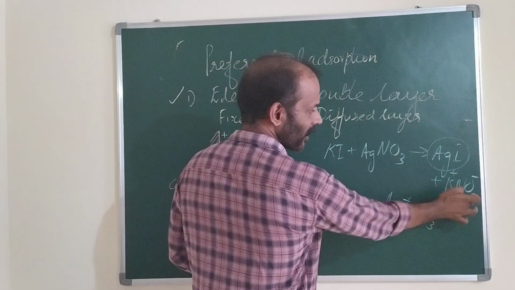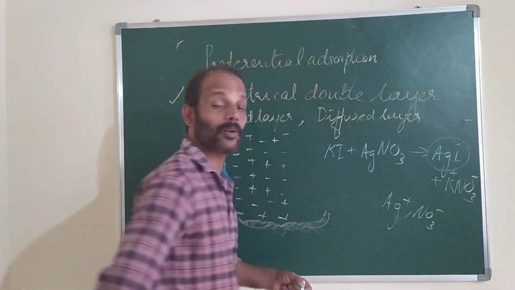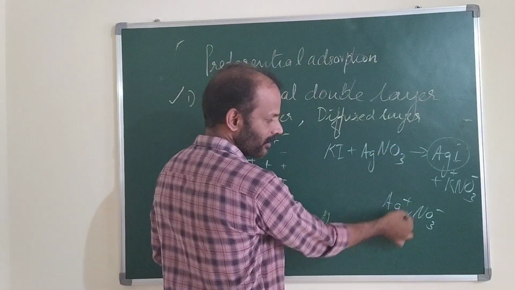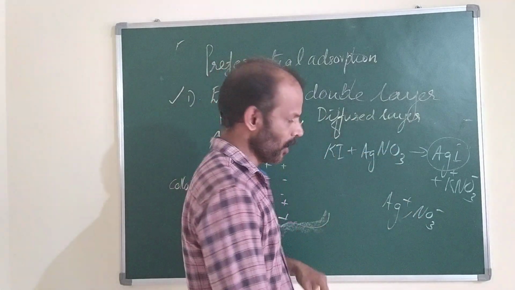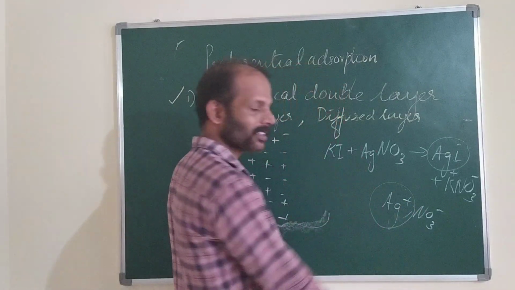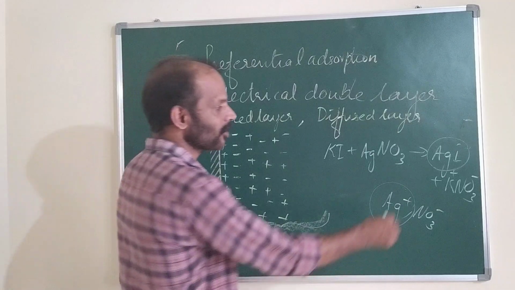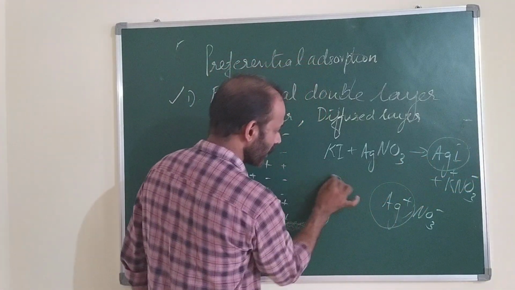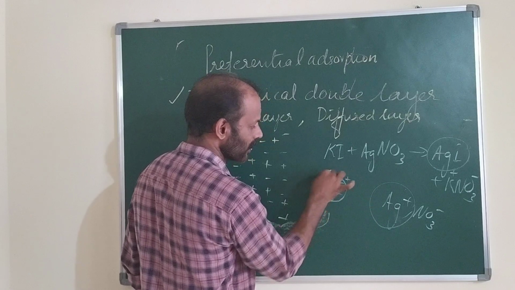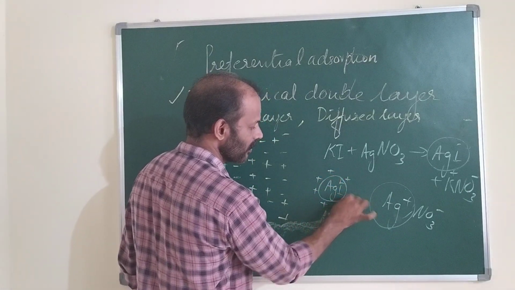Then the byproduct is potassium nitrate, which exists as K positive and NO3 negative. And the unreacted silver nitrate acts as Ag positive and NO3 negative. In addition to this, the silver positive ion gets adsorbed on the surface. So we get a positively charged colloid.